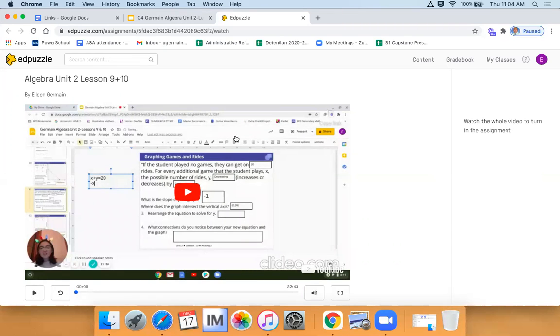Edpuzzle is what makes you watch the video. You can't go into a different tab, but the easy way is to just make a new window. What's the point of making it so you can't go in another tab when you can just make a new window?